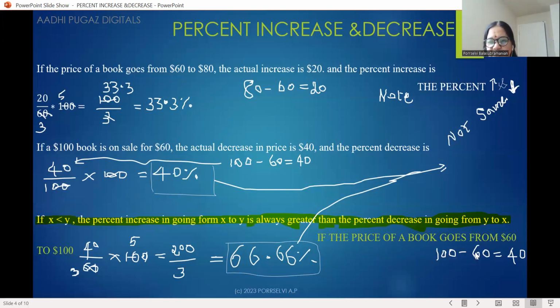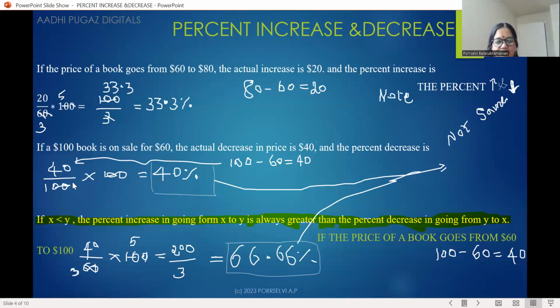It goes from $60 to $100, right? If you subtract, it's $40. So 40 divided by 60 multiplied by 100, we get 200 divided by 3. So the value is 66.66%.